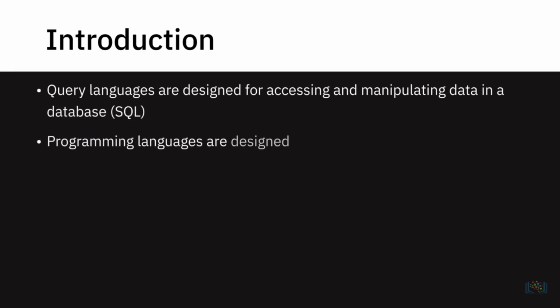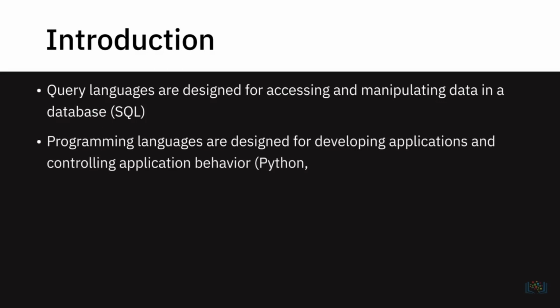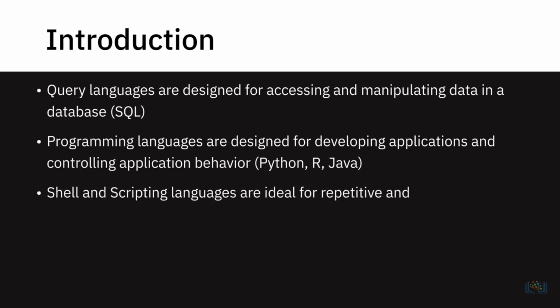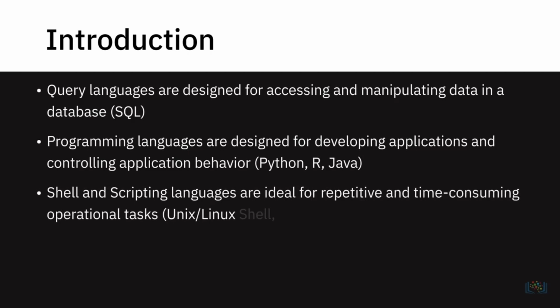Programming languages are designed for developing applications and controlling application behavior, for example, Python, R, and Java. And shell and scripting languages, such as Unix or Linux shell and PowerShell, are ideal for repetitive and time-consuming operational tasks. In the remaining video, we will examine these languages in greater depth.